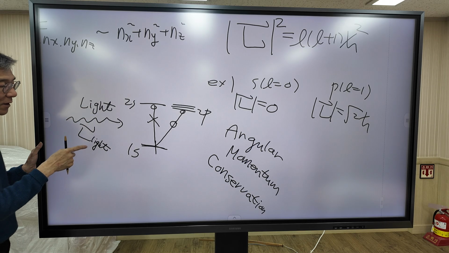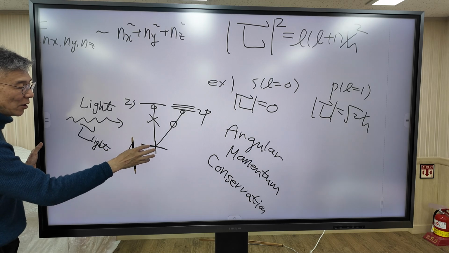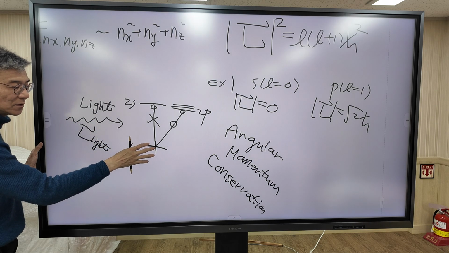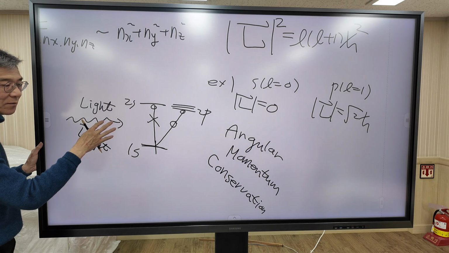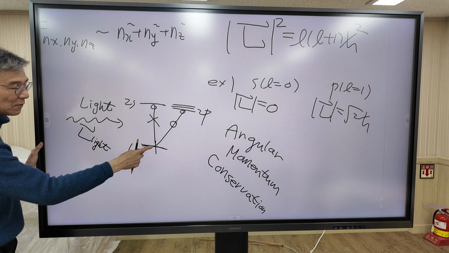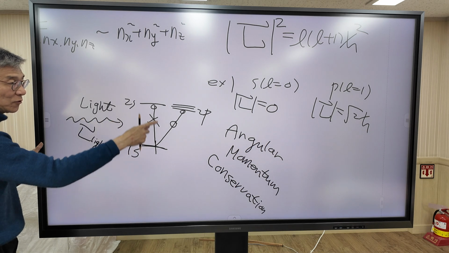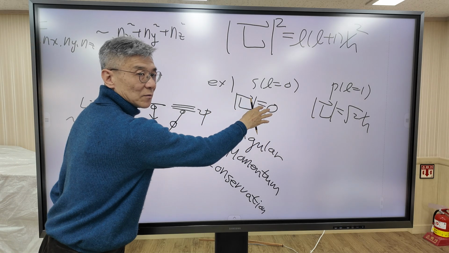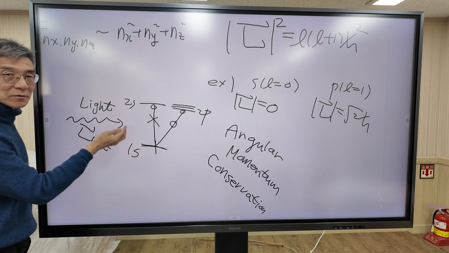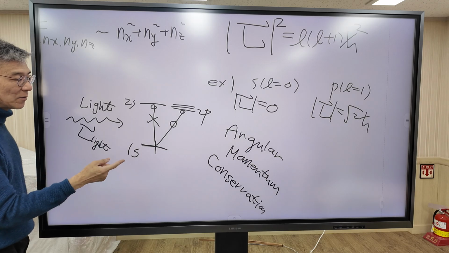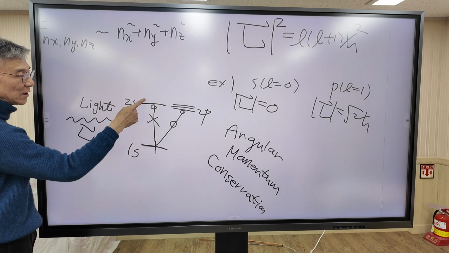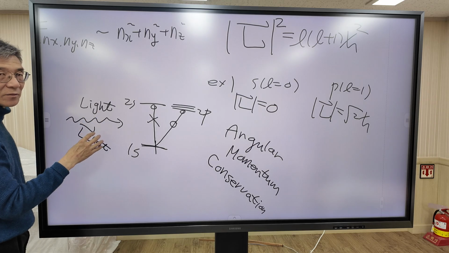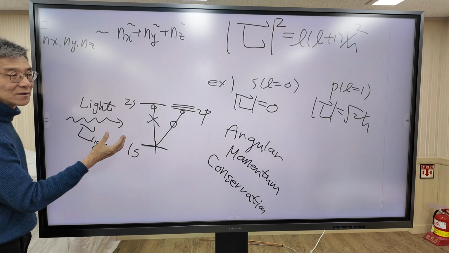Now, if the electron in the 1s orbital absorbs light, the electron must carry the angular momentum. But when the electron makes a transition to the 2s orbital, the 2s orbital also doesn't have angular momentum, but light is absorbed. Then, when the electron makes a transition from 1s to 2s orbital, the angular momentum of the absorbed light photon disappears. Understand?